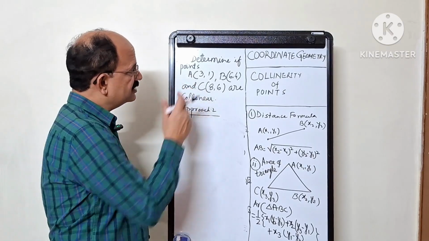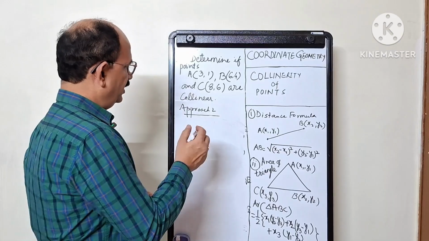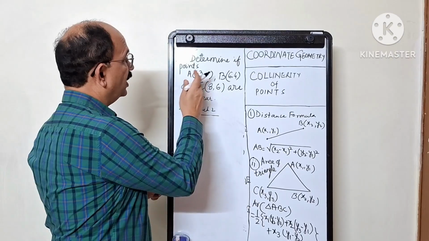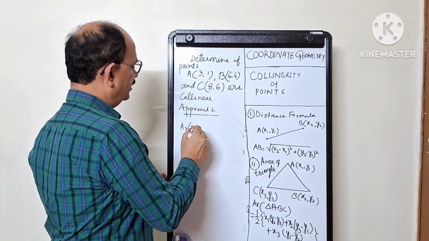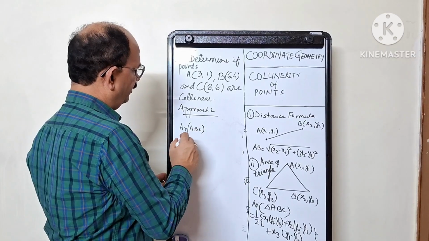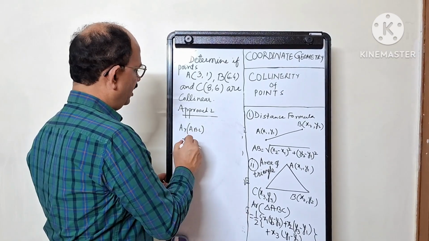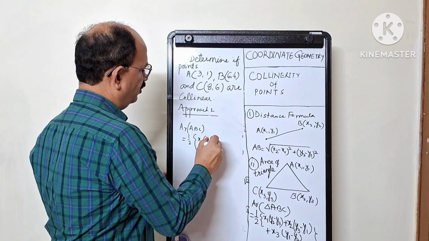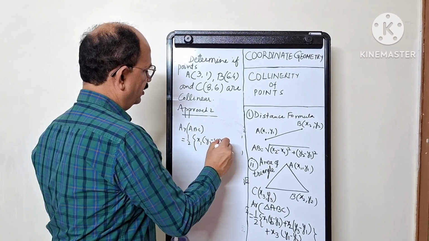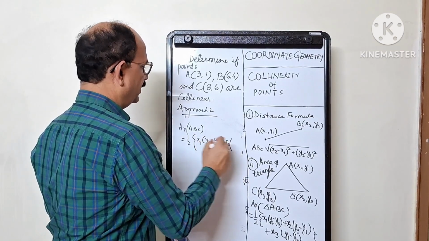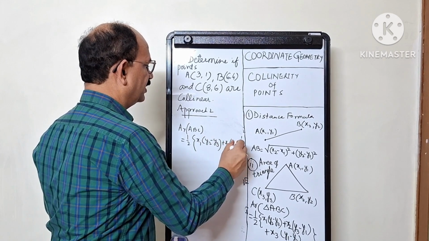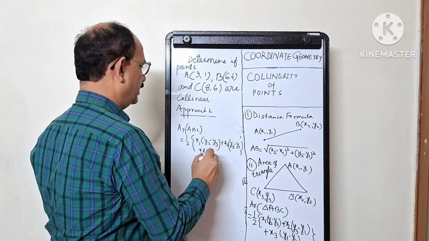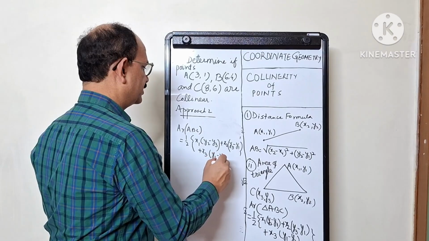So let's try this combination of points. If I have to find out the area of the triangle formed by these points A, B, C, then I'll have to use the formula, which is half of x1 (y2 minus y3) plus x2 (y3 minus y1) plus x3 (y1 minus y2).